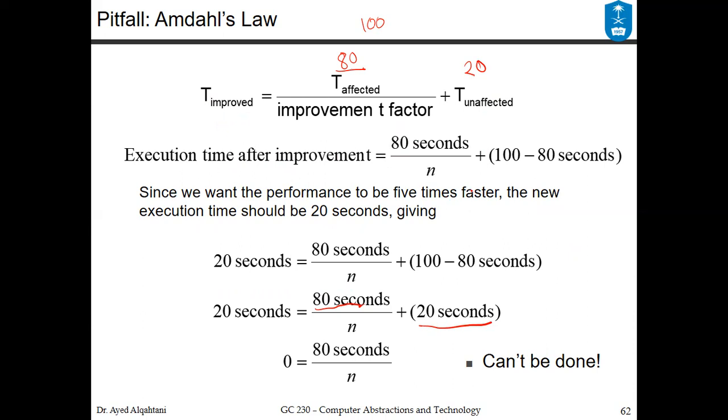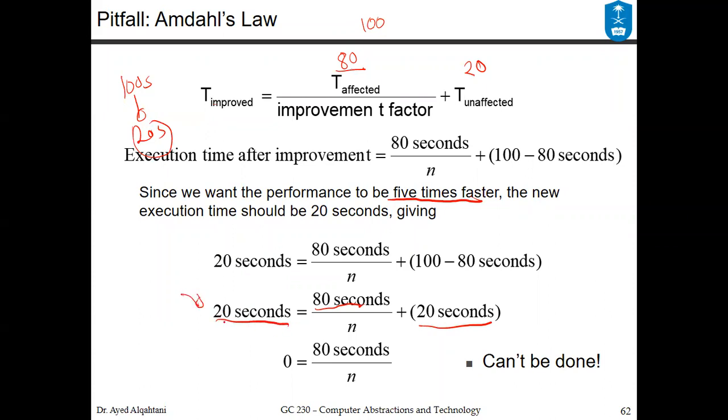Since we want the performance to be 5 times faster, then the new execution time should be reduced from 100 seconds down to 20 seconds only, because 100 is divided by 5, which is how many times we want the computer to be faster. So the new time is going to be 20 seconds.